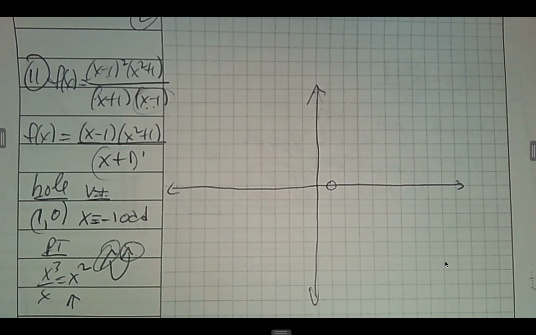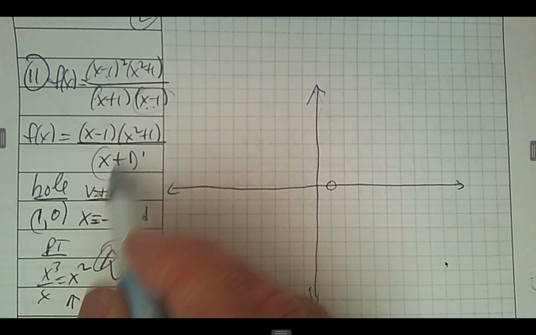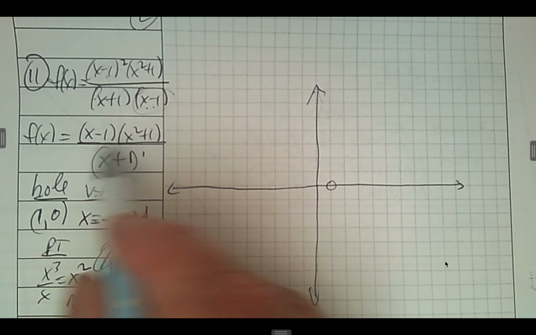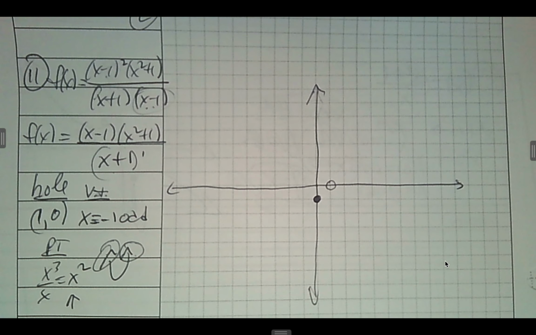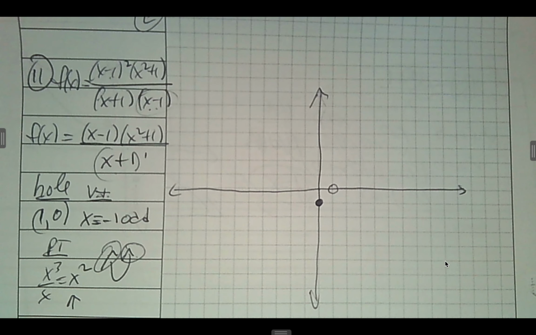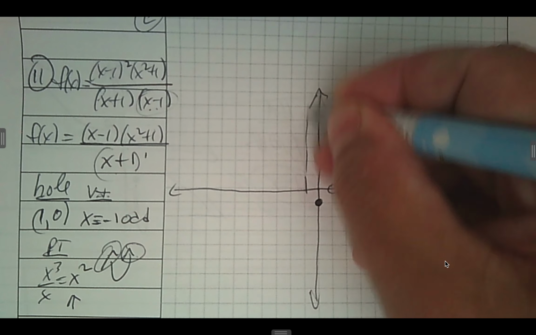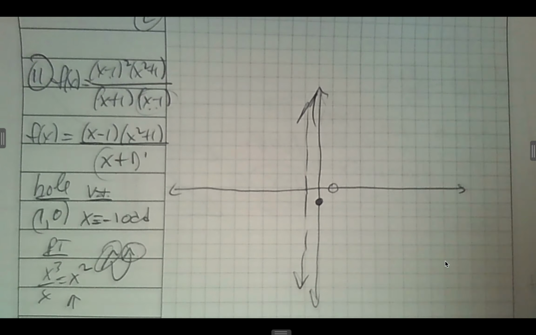The y-intercept, if I plug in 0 for x, leaves me with negative 1 divided by 1, which is negative 1. So we do have a y-intercept at negative 1. We have a vertical asymptote at x equals negative 1, and we don't have a horizontal asymptote.